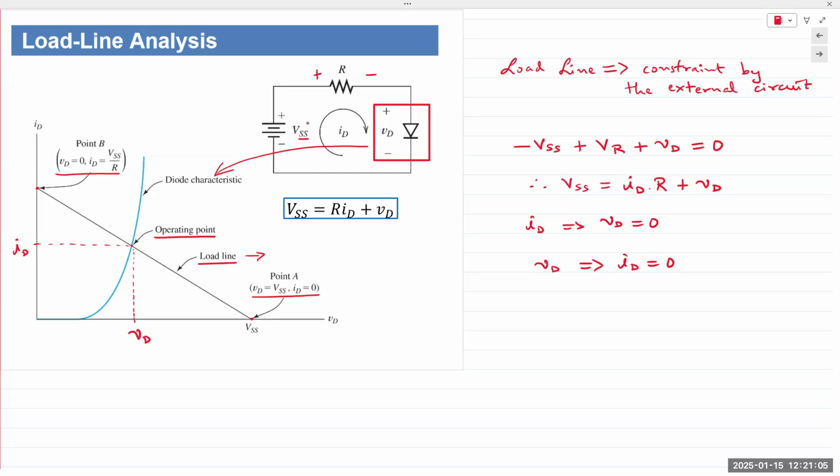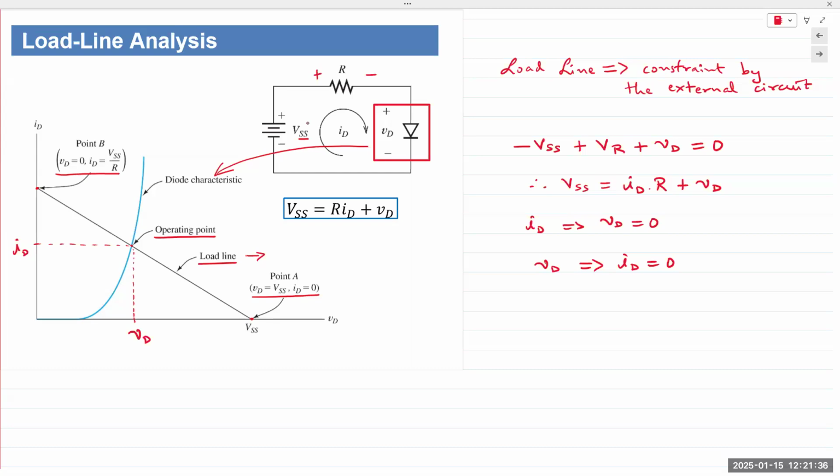Okay, so you notice that the intersection point is dependent on the values of VSS and R. If VSS changes, the operating point changes. If R changes, the operating point changes, and so does any other component that may be in the circuit. So again, this goes back to the initial point I made: the load line is the constraint placed on the diode by the external circuit.